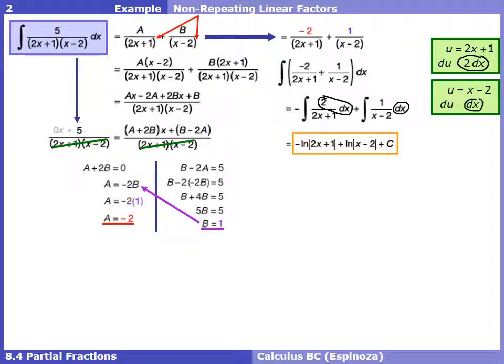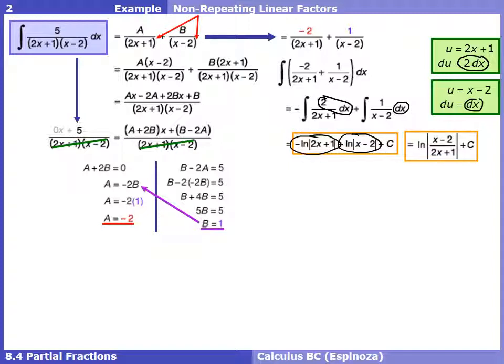Those absolute values are definitely important because these values could be negative, and we can't take the natural log of negative numbers. So definitely a more involved problem than that last example, but now I want to go over a shortcut method. Actually, before we do, always keep in mind we should be simplifying our answers completely if we can. You'll notice we have a positive ln and a negative ln.